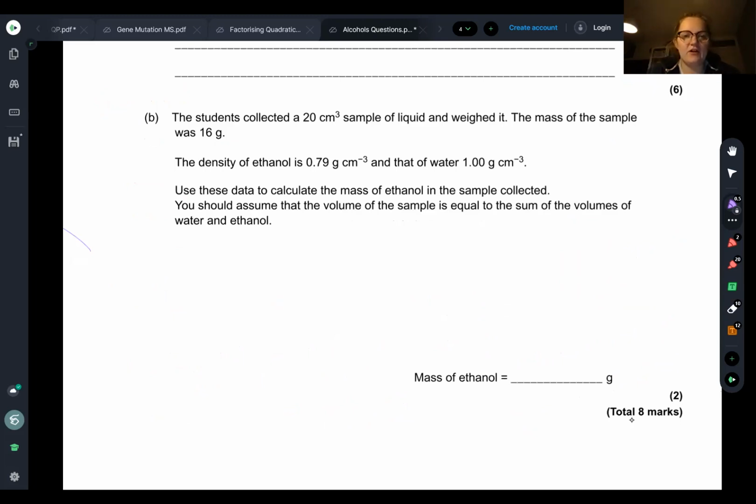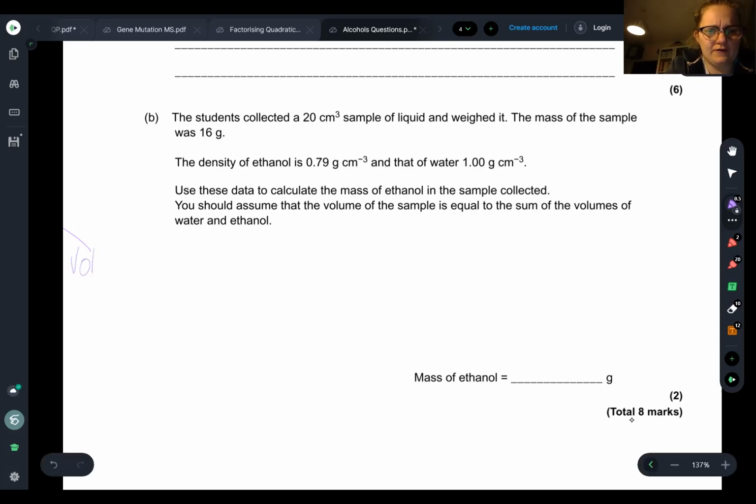The density of ethanol is 0.79 grams per cubic centimeter, and that of water is 1 gram per cubic centimeter. We're going to use this data to calculate the mass of ethanol in the sample collected, and you have to assume that the volume of the sample is equal to the sum of the volumes of water and ethanol.